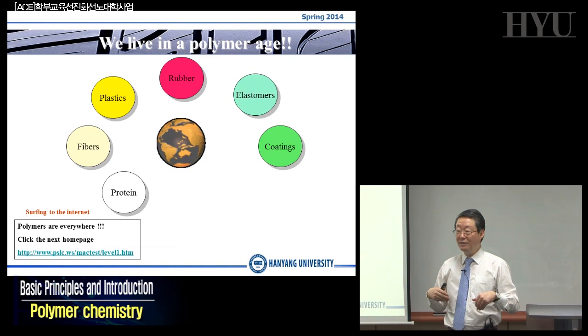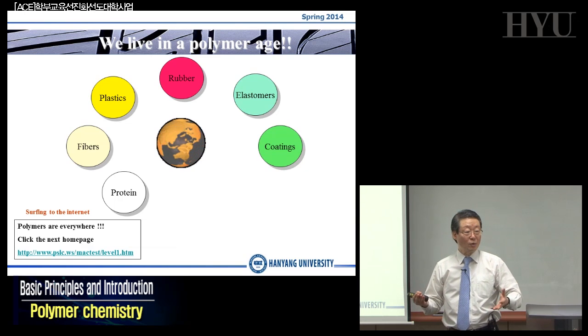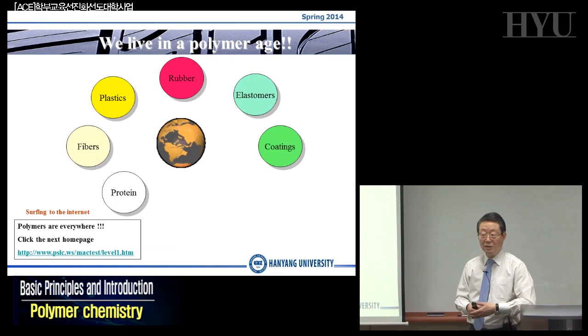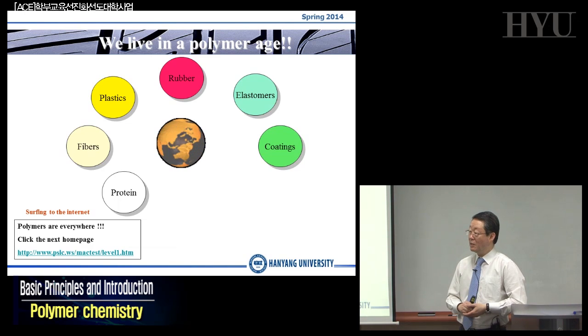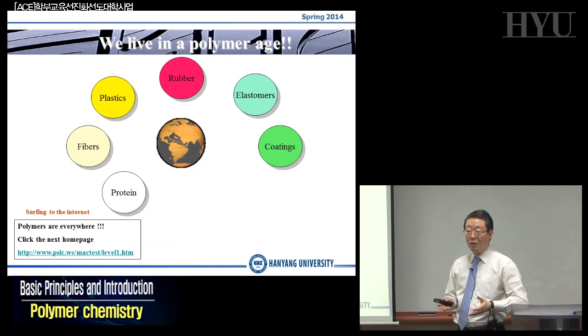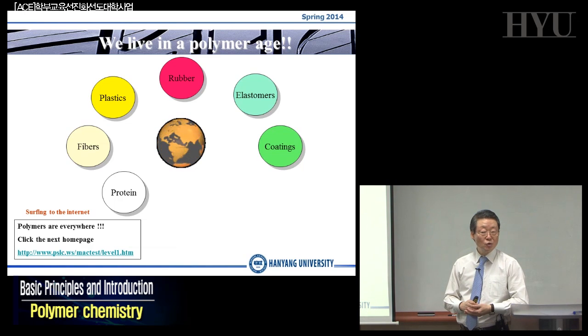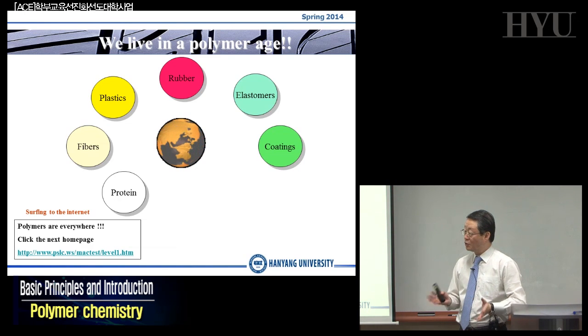So our body is a polymer, basically, because it's made of protein. And all the animals are made of protein, so we can call them protein polymers as well. So we have live biopolymers. We have, of course, the dead polymers, which will make various types of very usable materials, which will be used in our daily lives.